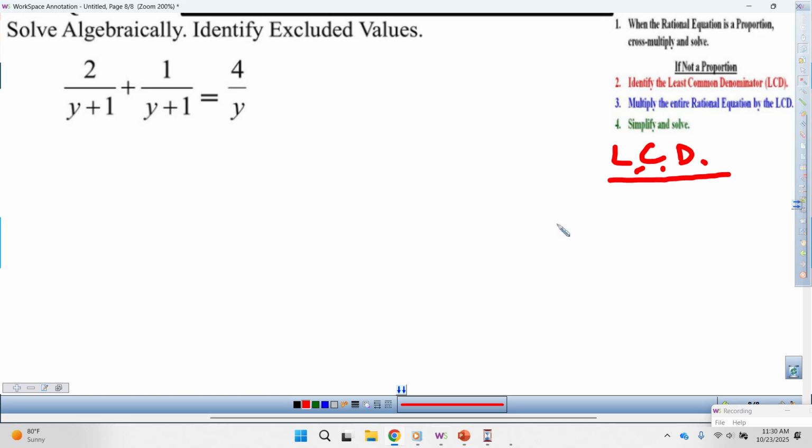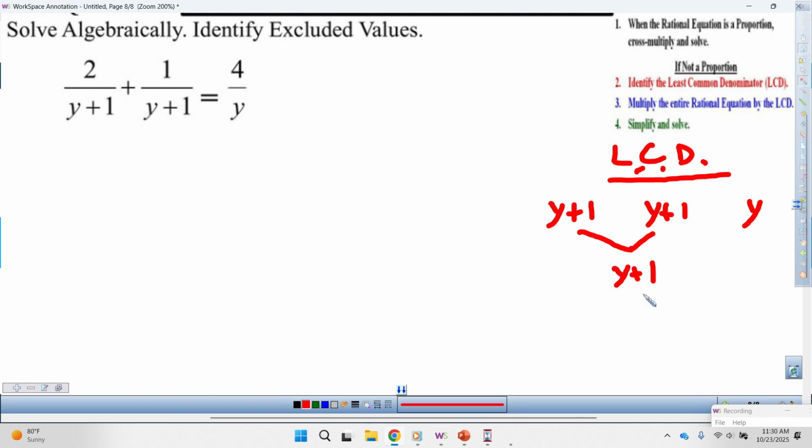All right, so I write my denominators, y plus 1, y plus 1, and y. So, Leo, do we have any common denominators already? Which ones? So these become 1, so y plus 1, because they're common. And now we're left with a binomial and a monomial, or a little one and a big one.